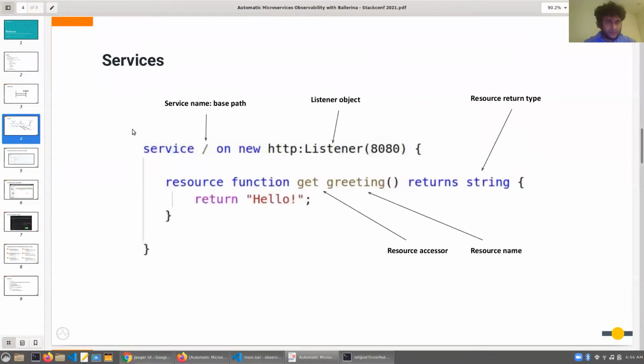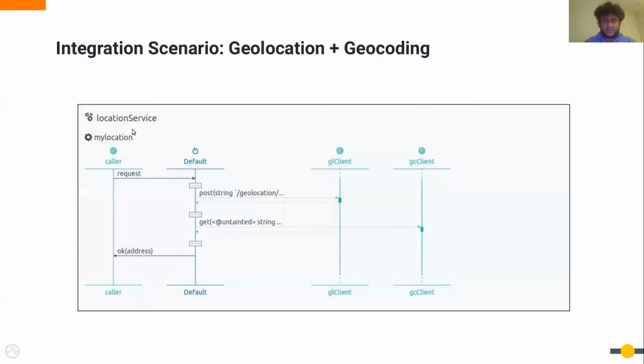Let's go to our main scenario now, our main use case. So it's an integration scenario which integrates with multiple remote services in the internet, and it's basically a geolocation plus a geocoding scenario where a request is sent by a user, and it accesses a geolocation API to figure out the coordinates, latitude, longitude of the user by looking at the request IP.